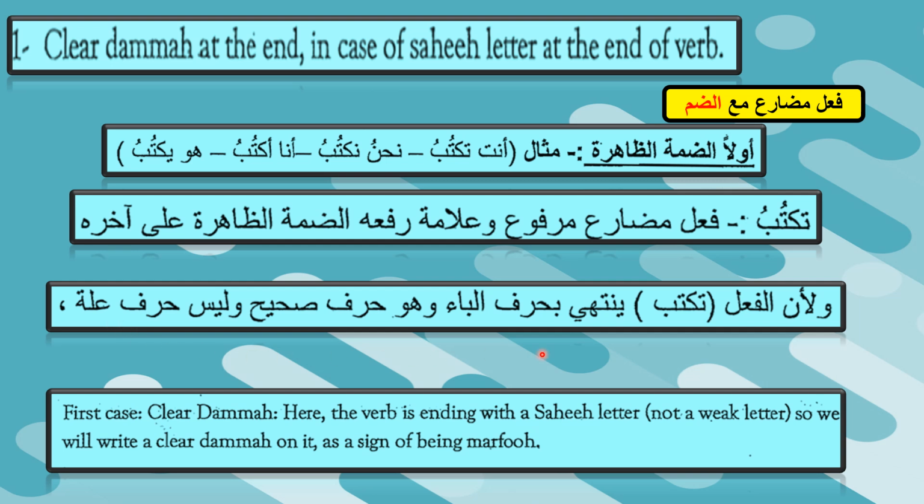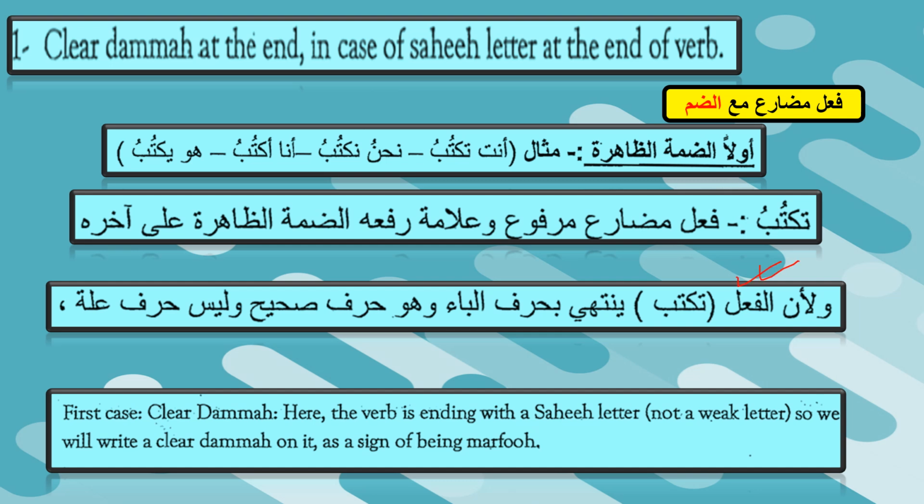So this is an Arabic explanation of why it is marfu', why it has a dhamma over the ba. So you need to explain that ba is from the sahih letters and not from the weak letters. You can omit this explanation in giving the i'rab of the fi'l mudari'.